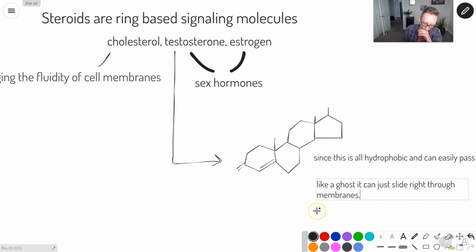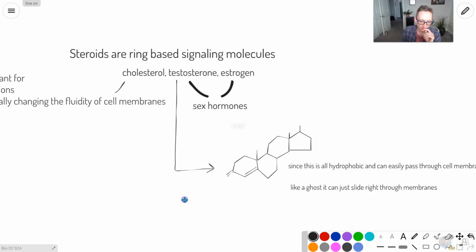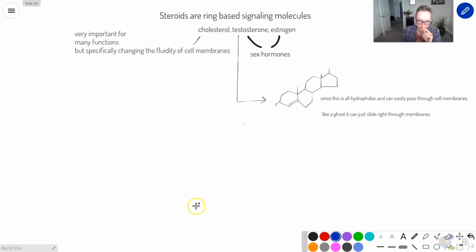Pretty cool. All right, and then last but not least, we got waxes. And waxes, I'll do those in, I don't even know, orange. That makes sense for wax, like earwax. So examples of these are, they're solid at room temp. Earwax.